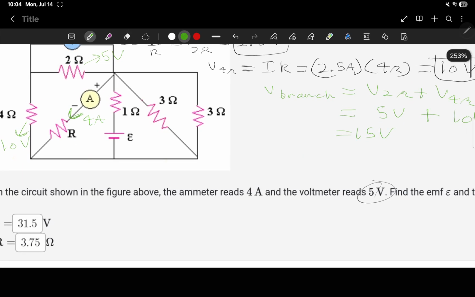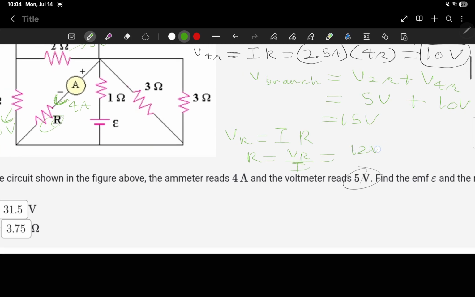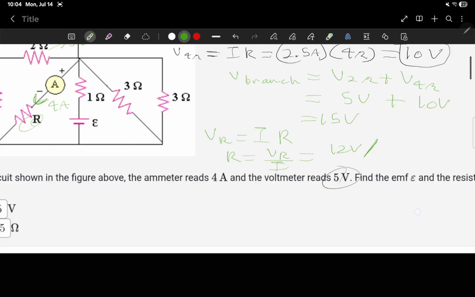So now we will have to use Ohm's law again to find the resistance of this resistor. Rearranging, we have R equals V over I. The voltage is 12 volts, and we're dividing that by 4 amperes.